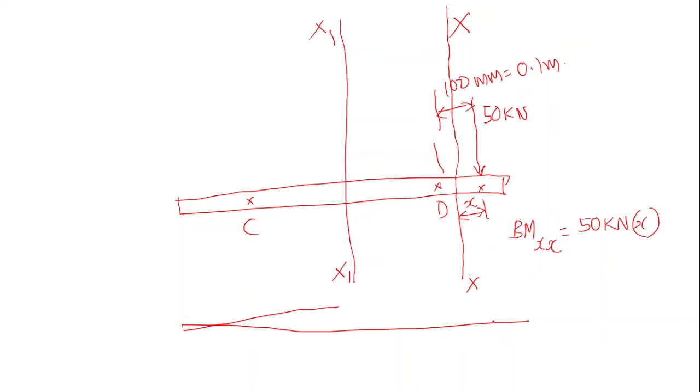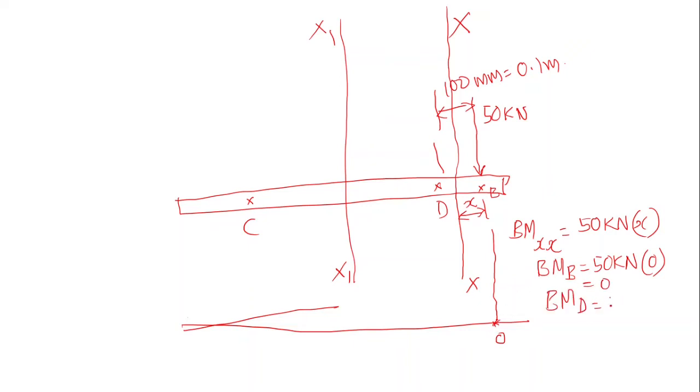Then the bending moment at this particular point, which we can treat as B, is equal to 50 kilonewton into 0, that is equal to 0.